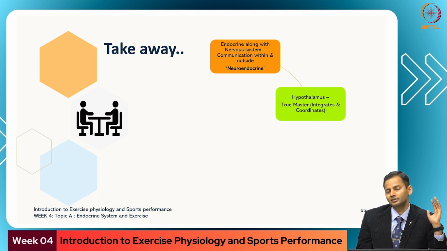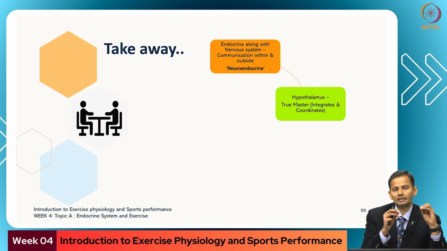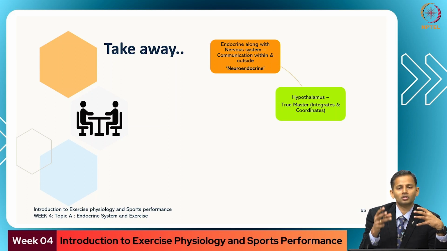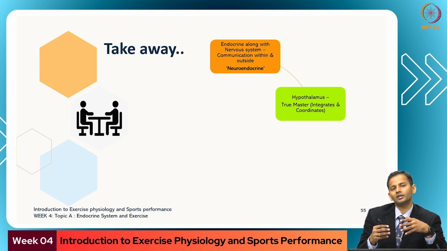The other aspect is that though there are multiple endocrine glands, there is one true master gland, that is the hypothalamus. The hypothalamus integrates the nervous system, the voluntary requirement, the learning and memory aspect, the emotion and the mood aspect, and they are all integrated with the endocrine system.